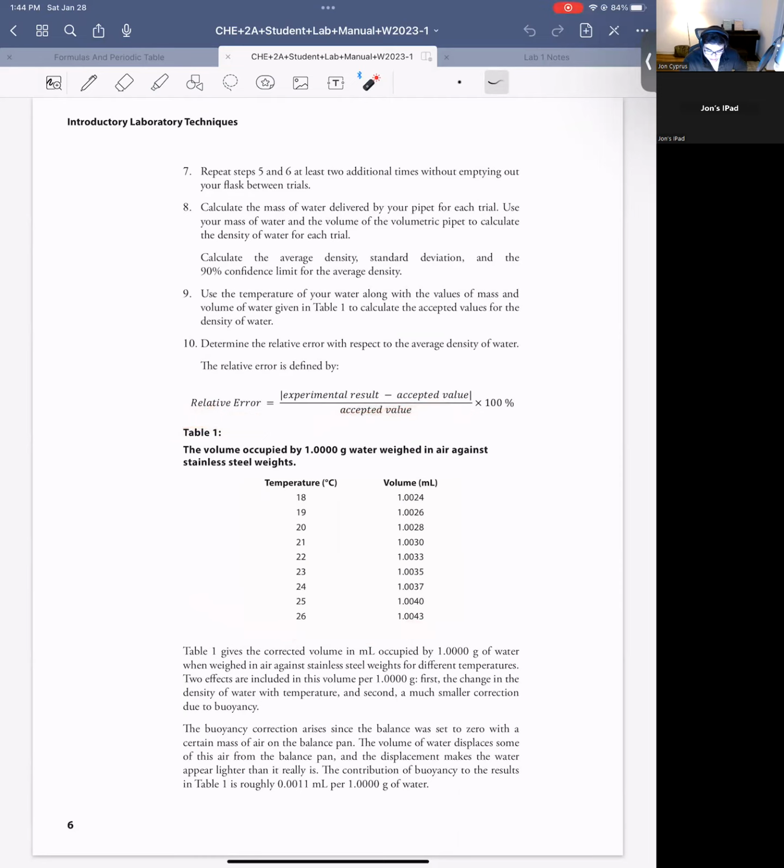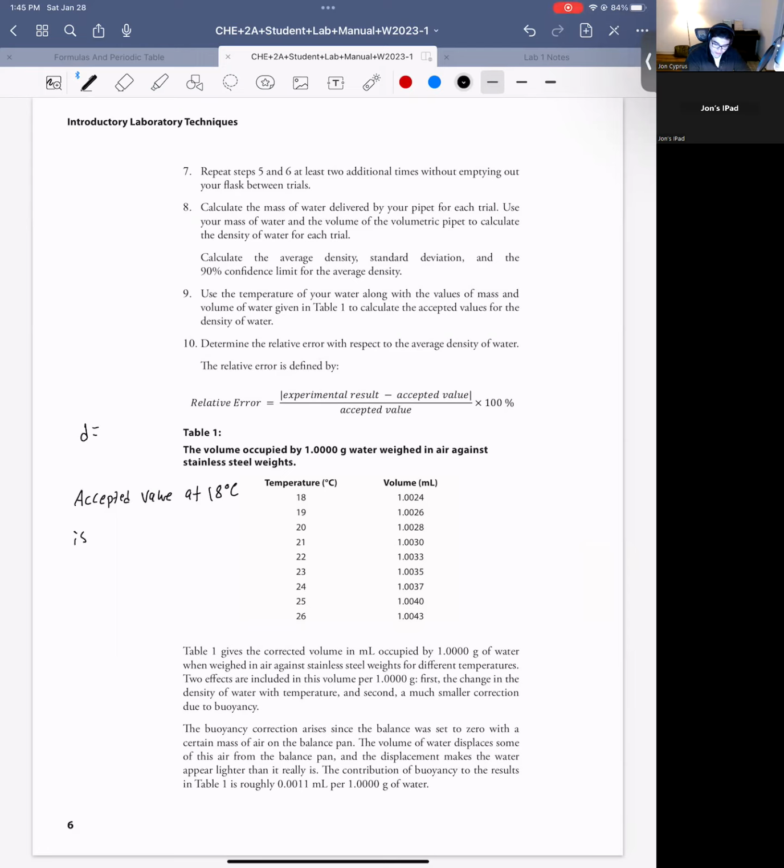This table tells you the volume occupied by 1 gram of water at different temperatures. So you can calculate the density from here. So let's say the accepted value at 18 degrees Celsius is what?